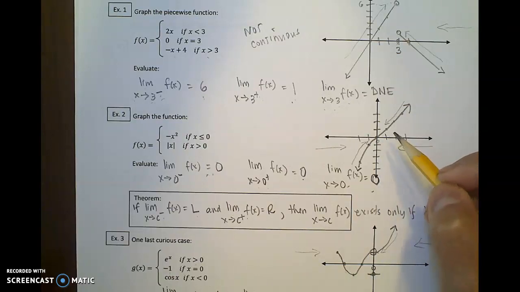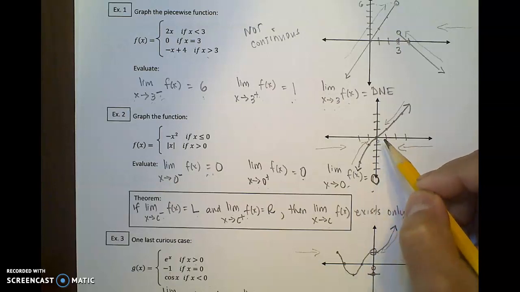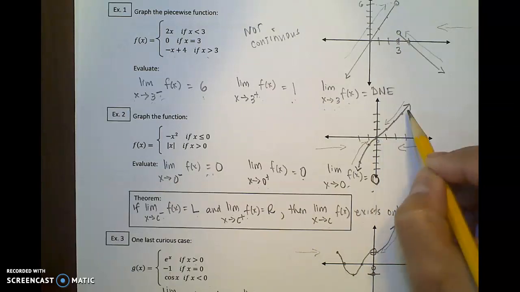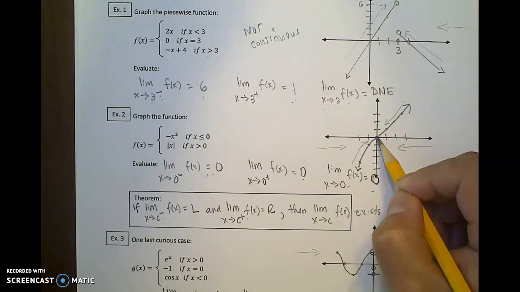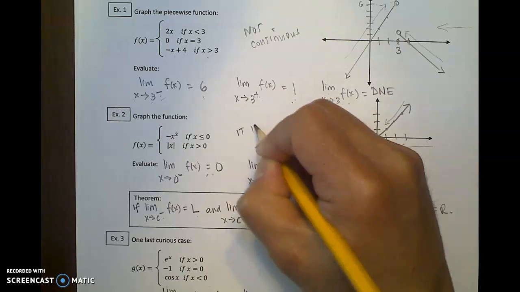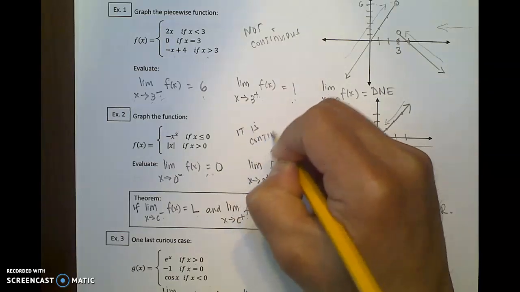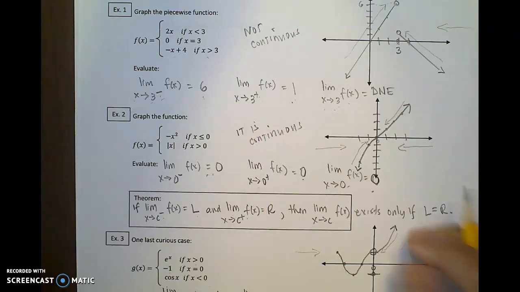Requirement number 2 says coming in from the left, does the output of that function equal the output at f of c? And it does. Coming in from the right, does that output equal the output at c? Yes, it does. So this one is continuous. All the requirements are met.